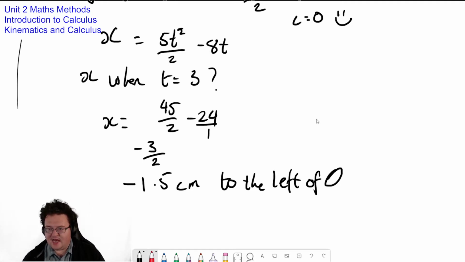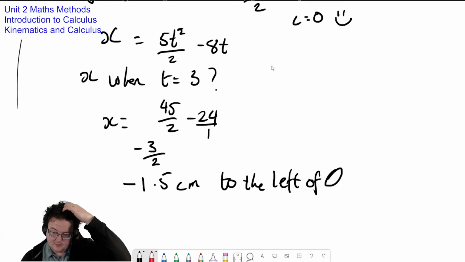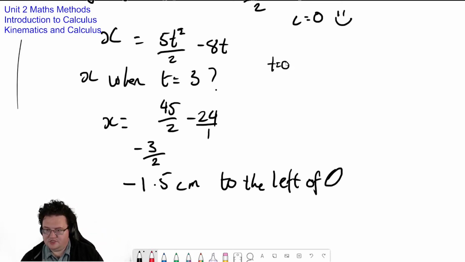Well, if it started at 0, when t equals 0, x equals 0.